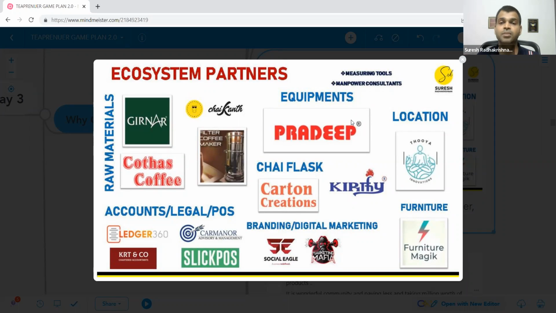For POS billing systems, we have a few more partners lined up. Even for filing a trademark, we've got advocates, right? So, a complete end-to-end support system. Furniture, if you want to procure furniture, there is a company which can help you. So it's not just about another level of course, it's about the complete ecosystem where you can get support end-to-end on this.